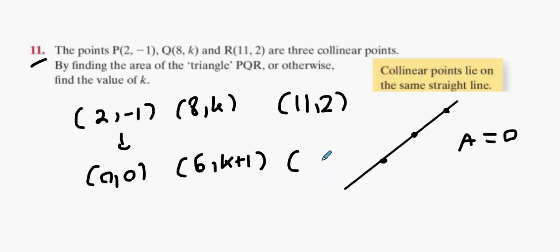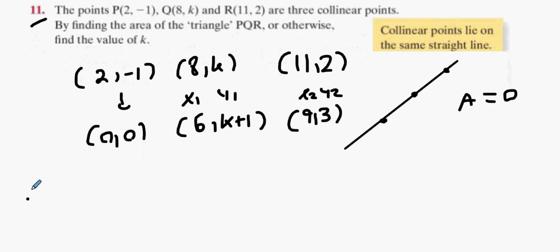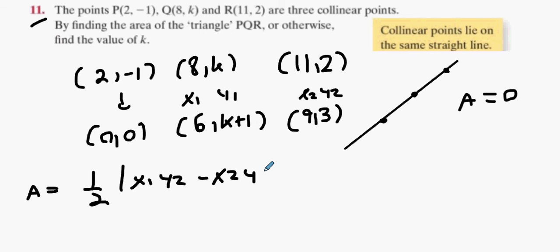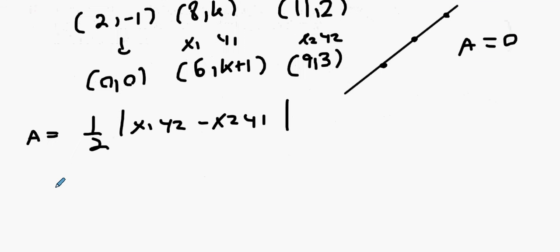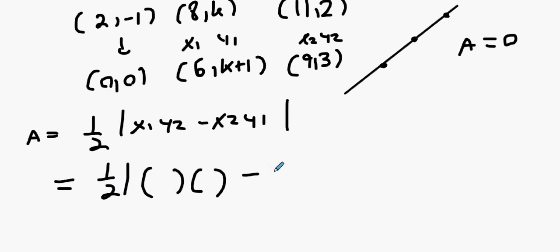What is it? 9, 3. We have our x1, y1, and our x2, y2. We're then going to put into the area formula, which is a half, x1, y2 minus x2, y1. And then we're going to get a half, blank, blank, blank, blank, take away blank by blank.